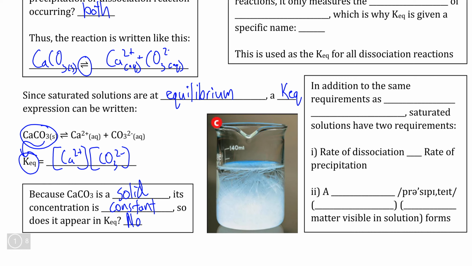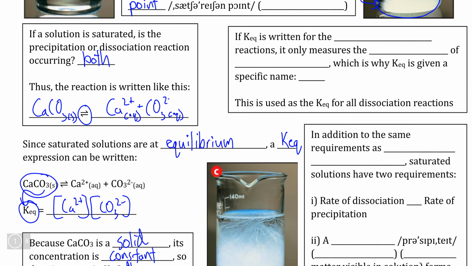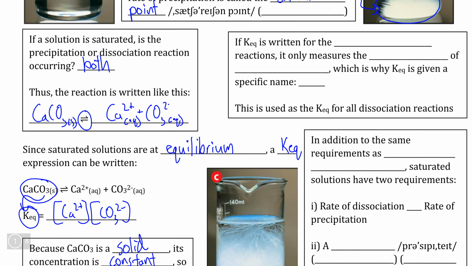Therefore, its concentration does not appear in the overall expression, because we would simply incorporate that concentration into the actual equilibrium constant itself, and all that we would end up with is the product of the concentration of each of our two ions.